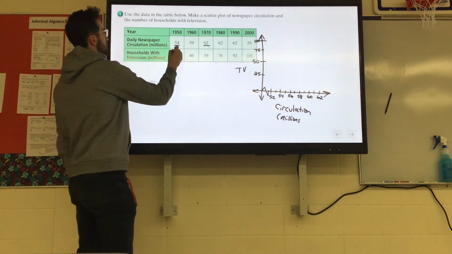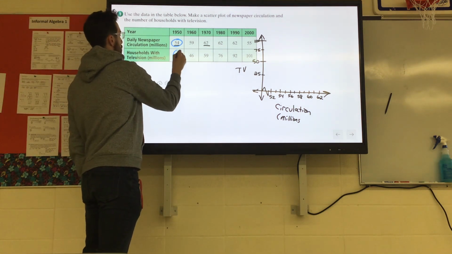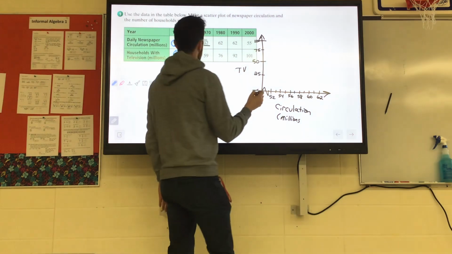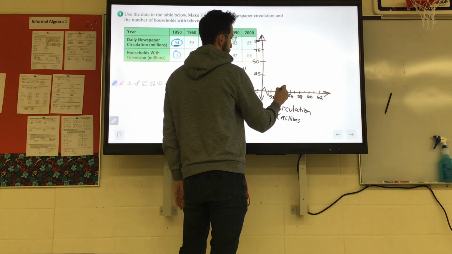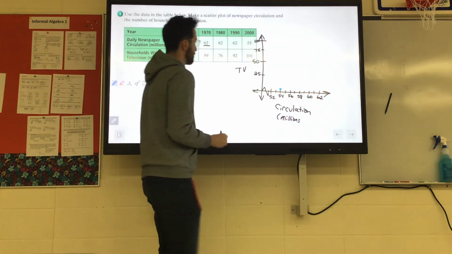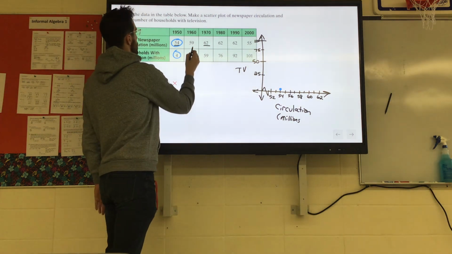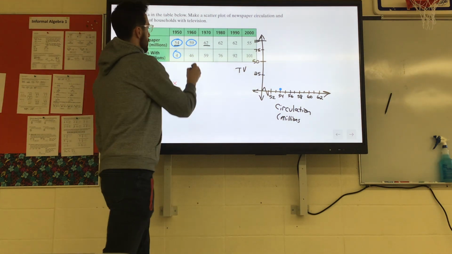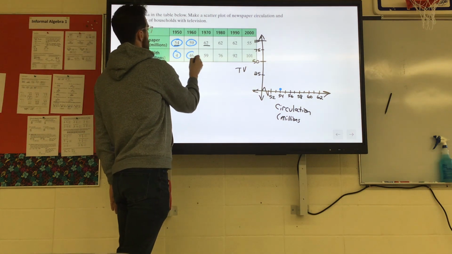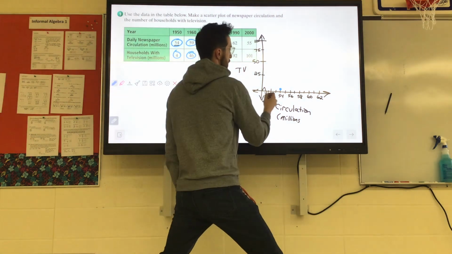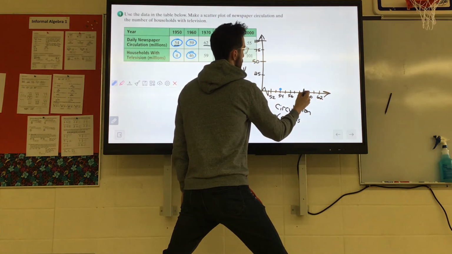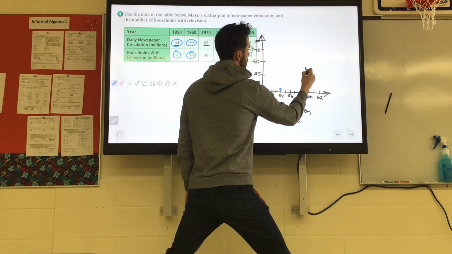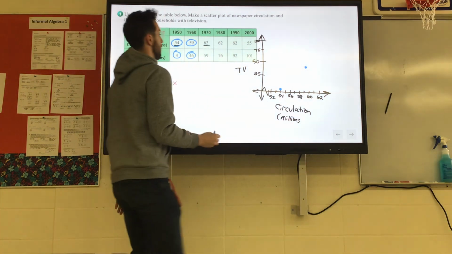So, 54 million newspapers, 4 million TVs. 54, 4. It's going to be pretty low. Then we have 59 million and 46 million TVs. 59 would be here, 46, pretty close to 50, right up there.